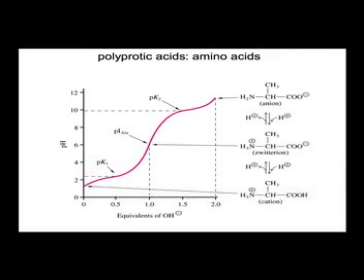The pKa to the lower left is our acidic pKa, obviously, a pKa of around between 2 and 4. That's that carboxylic acid group. And then we have a higher pKa that undergoes a deprotonation around pH 10, and that's our alpha amino group.